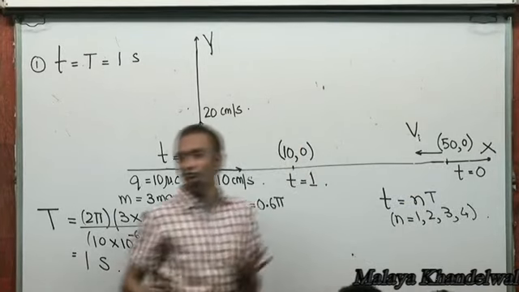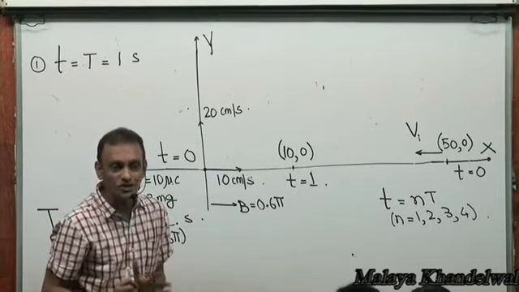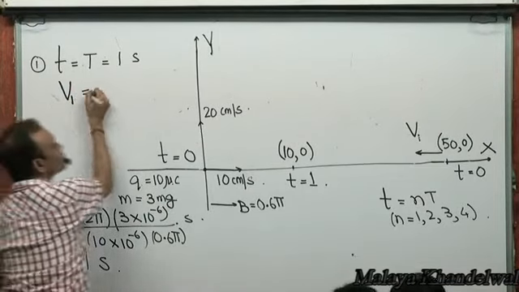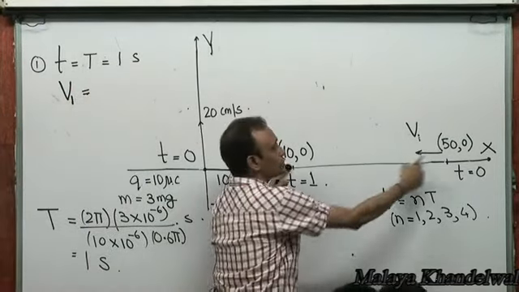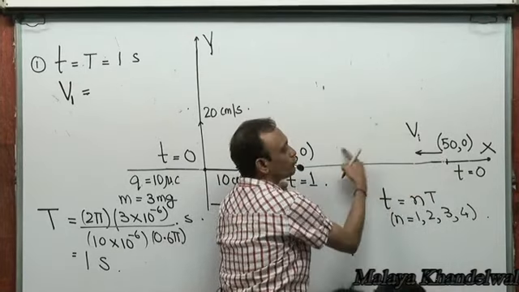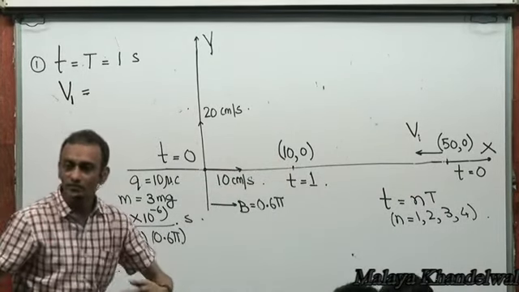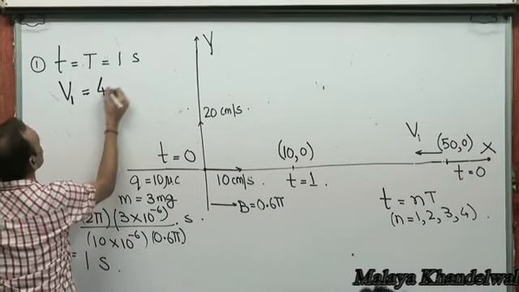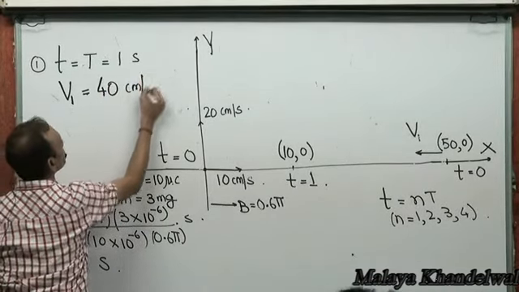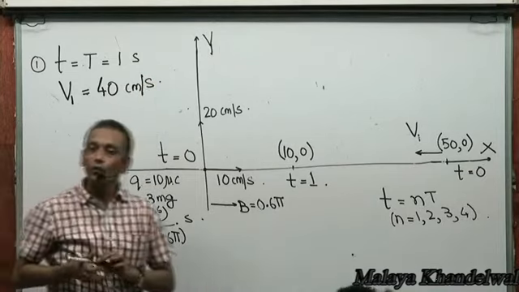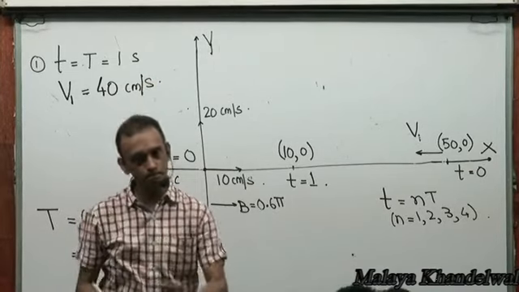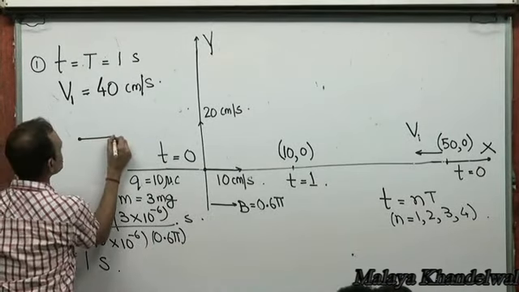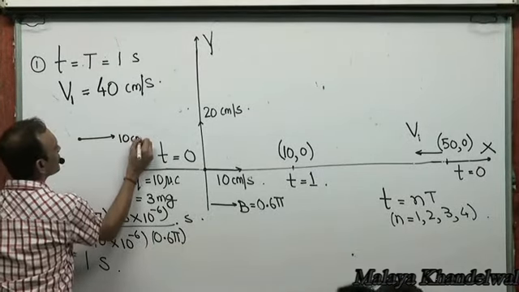So then I have knowledge of V1 of the particle. Yes or no? Right? So then V1, in 1 second, if this is the site of collision, this is 40 centimeters. So 40 centimeters per second is the velocity of the uncharged particle. Now look, when the collision occurs, particle 1 has a velocity 10 centimeters per second like this.